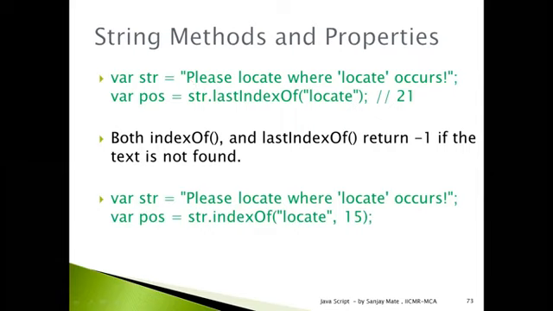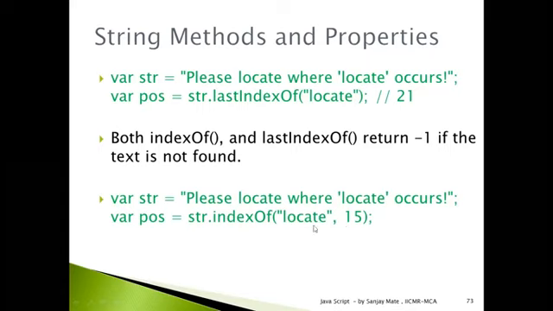Here this is 0, 1, 2, 3, 4, 5, 6, 7, 8, like this. The position of this L is at 21, so it is giving the value 21. Both indexOf and lastIndexOf return -1 if that particular word is not present in that particular string.